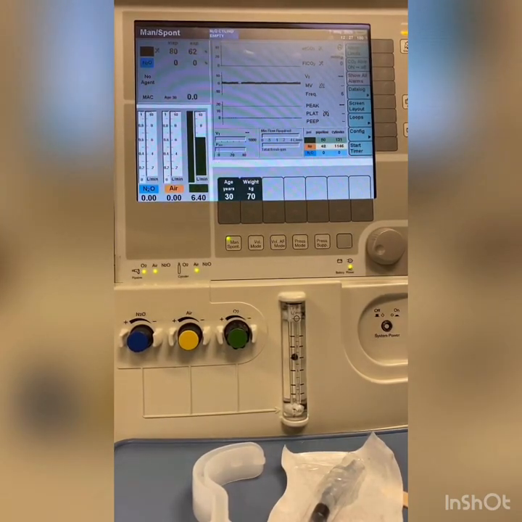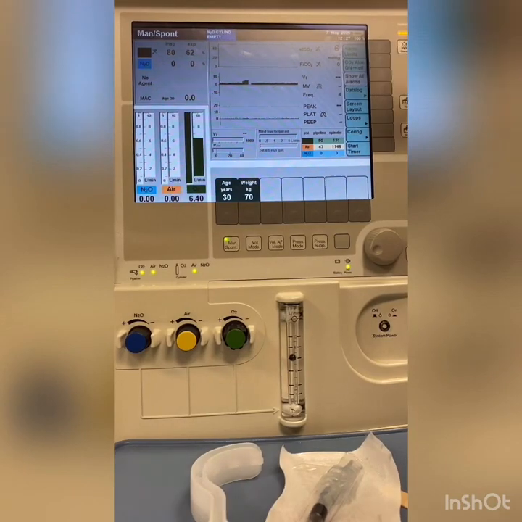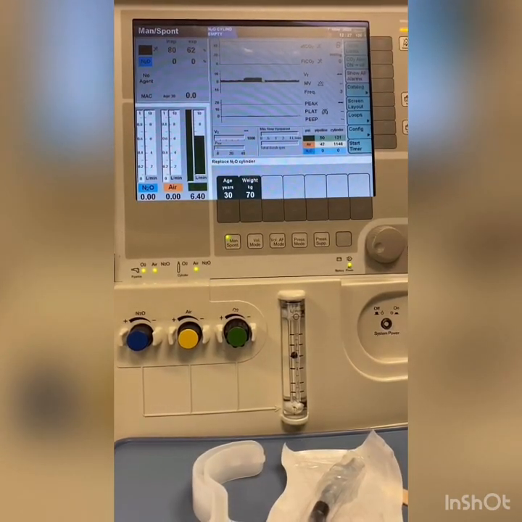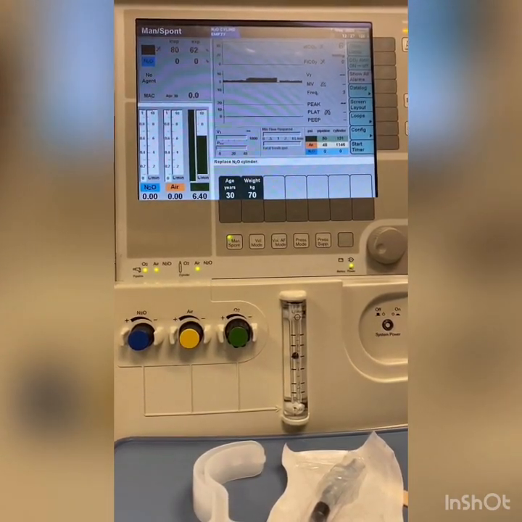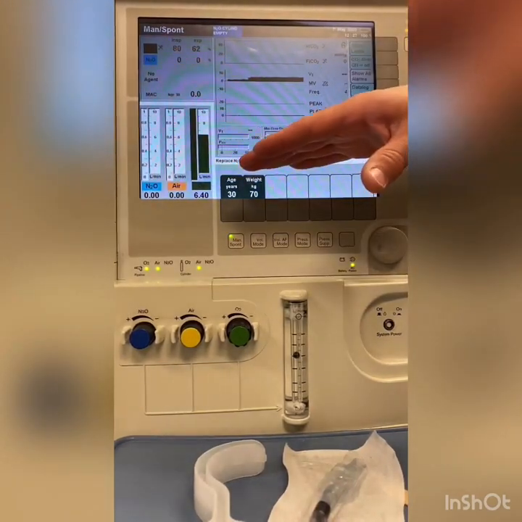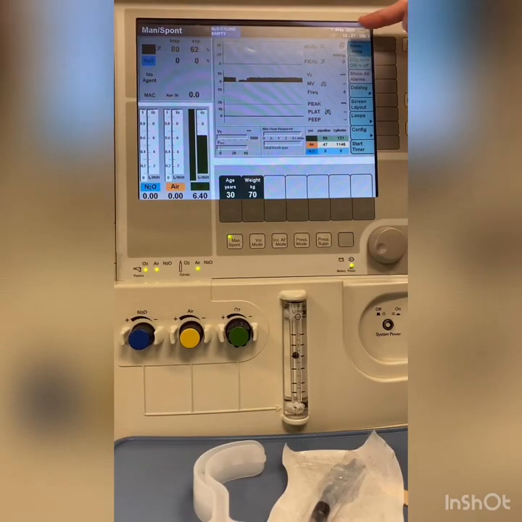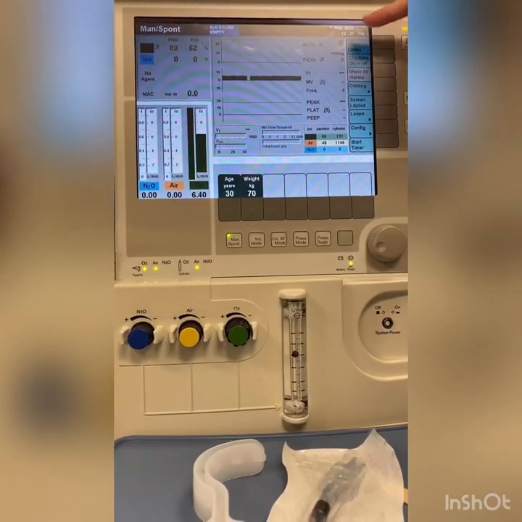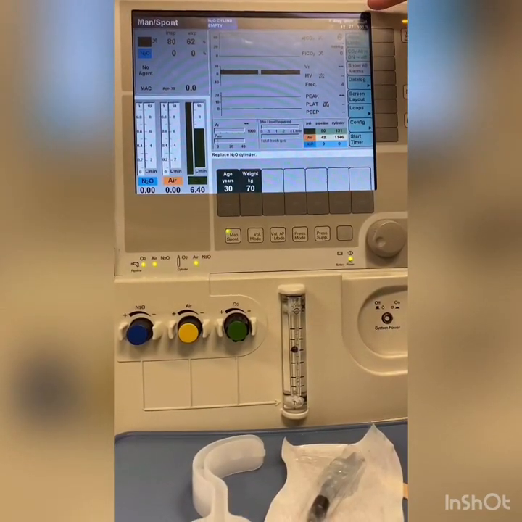So I hope that was helpful in how to set up the ventilator and run your ventilator. Of course, during the case, you're always going to be able to make adjustments on your ventilator, adjusting to keep your CO2 between 35 and 45.